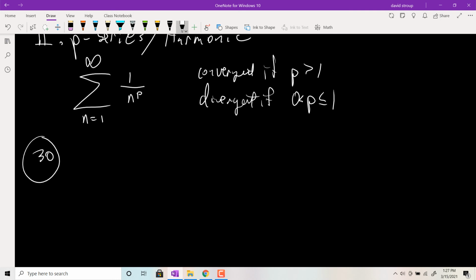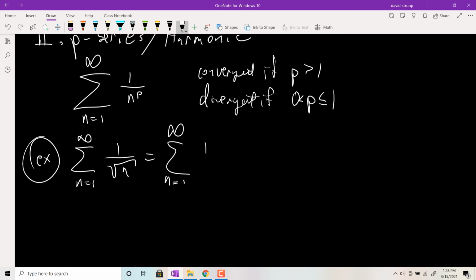So for example, number 30, or it used to be number 30, let's just put it as an example. The series from n equals 1 to infinity of 1 over root n. What's the p-value? This kind of becomes the game. This will be 1 all over n to the 1/2 power.